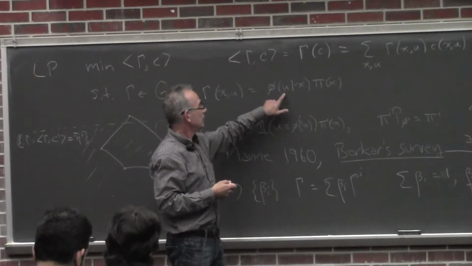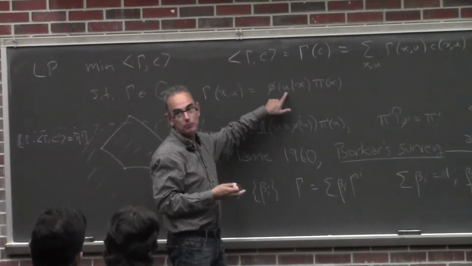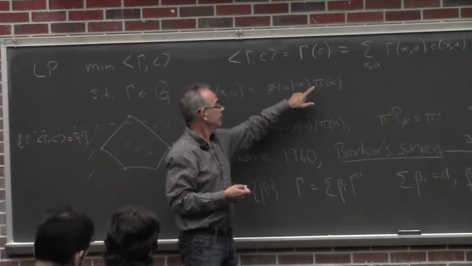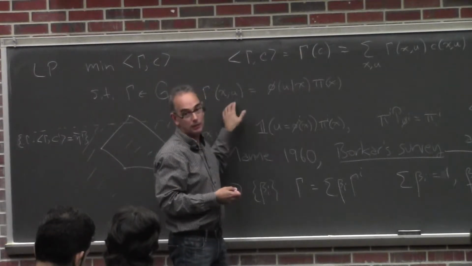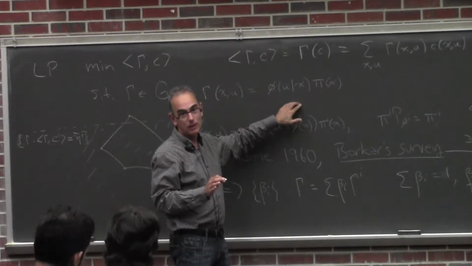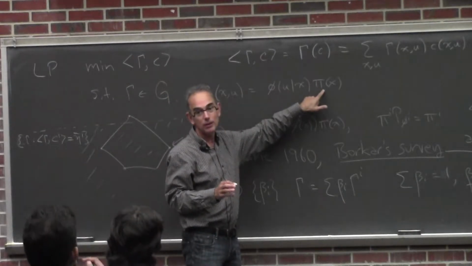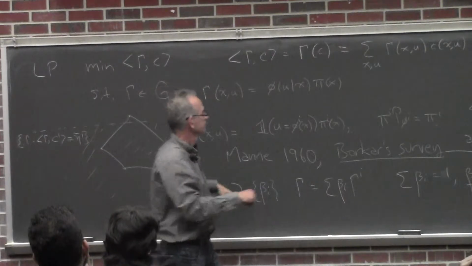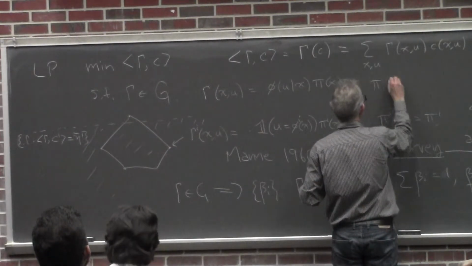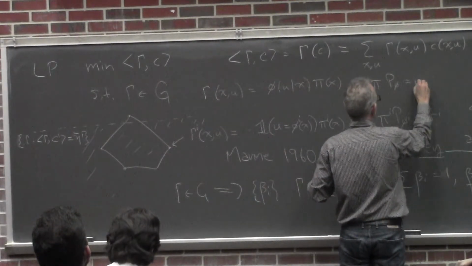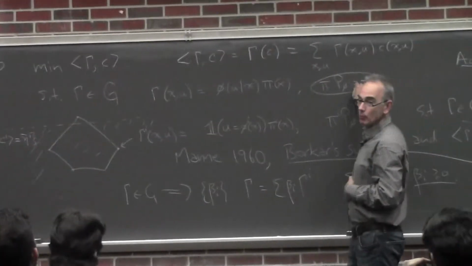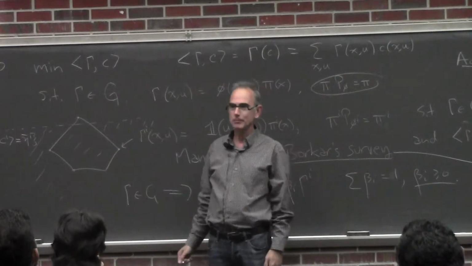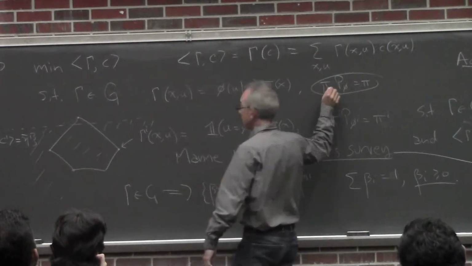So that's a randomized policy, the probability of taking action or input u when the state is x. This is possible for any PMF. But what's special is that pi is invariant for the resulting transition matrix, so that restriction is what defines this G. So it's not all probability mass functions. It's that extra linear constraint.